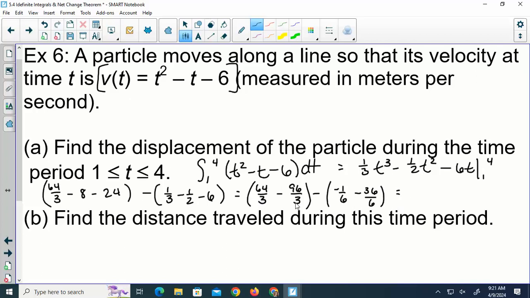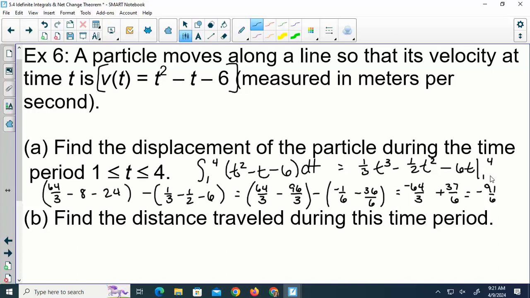So if we work this out, what does it mean to have a negative displacement here?